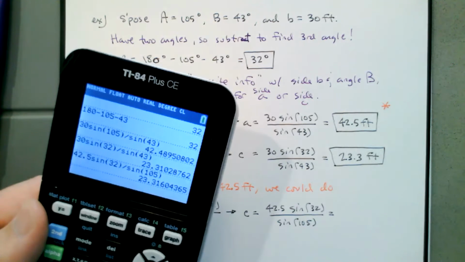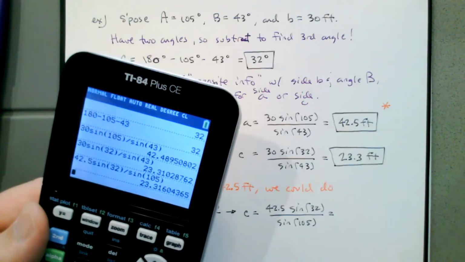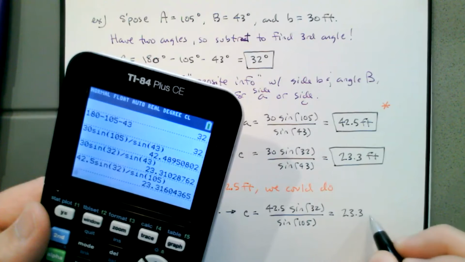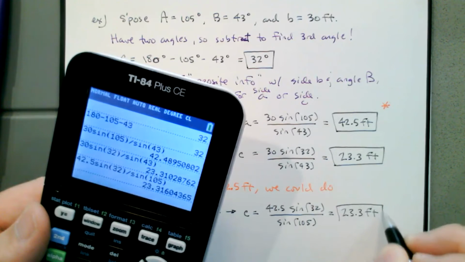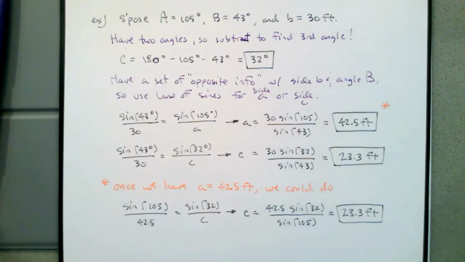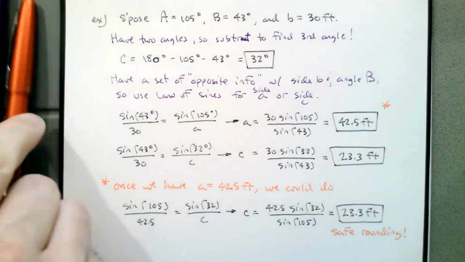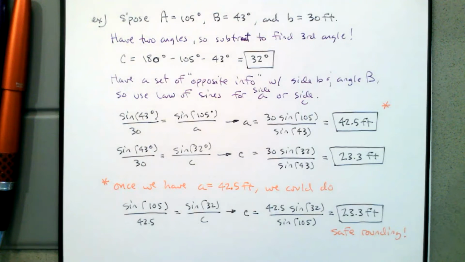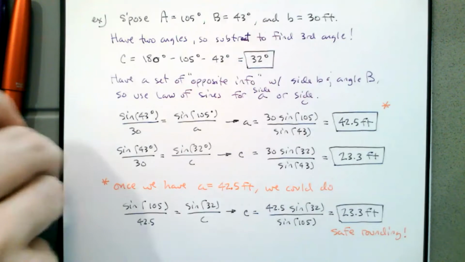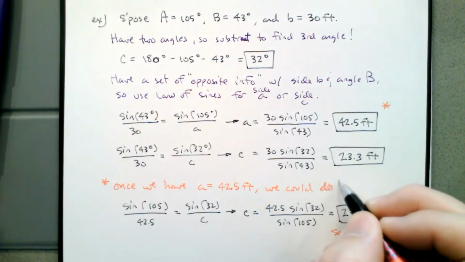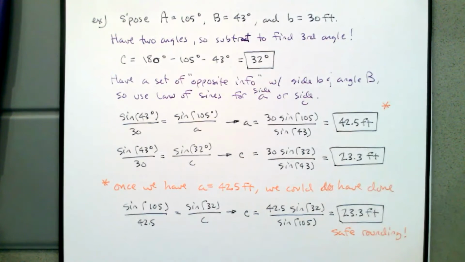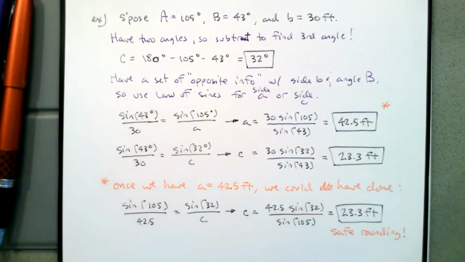And we don't get any difference until the thousandth place. So we're pretty safe. So in this case, we were safe in rounding. I should rephrase this: we could have done that, and we have safe rounding in this case.